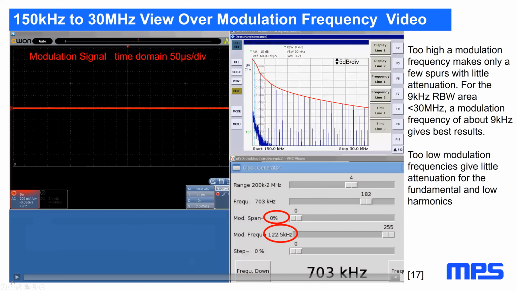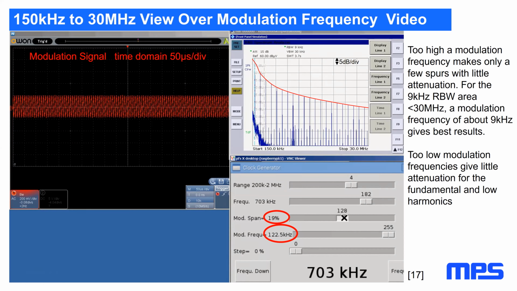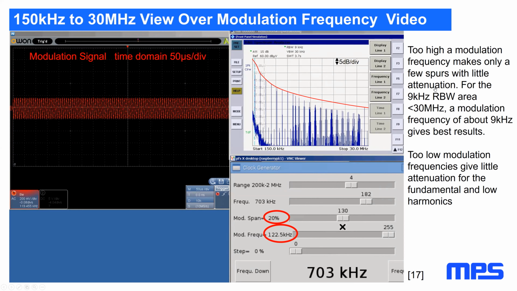Now we look at the same situation. We start with high modulation frequency and move the modulation span up to 20 kilohertz, and we immediately see that we get this attenuation here in the higher area.